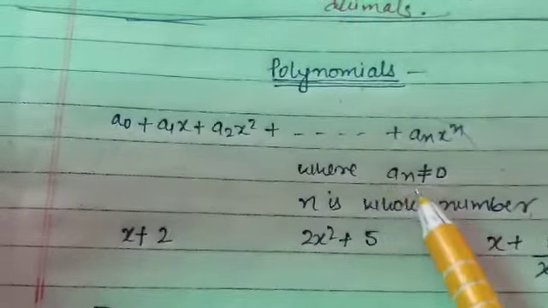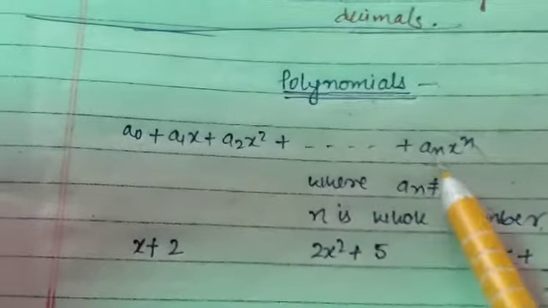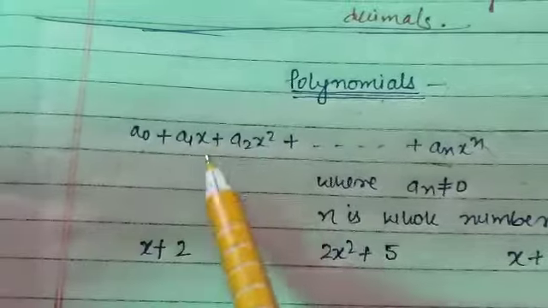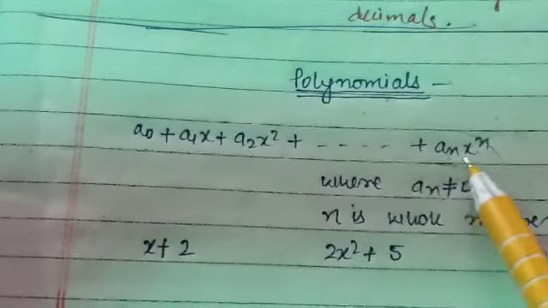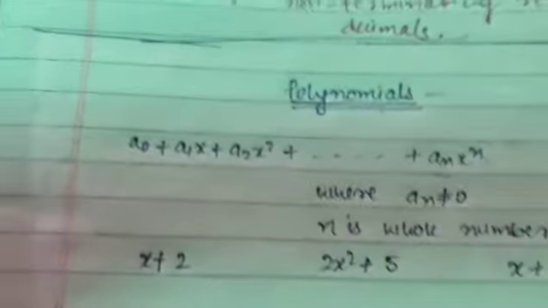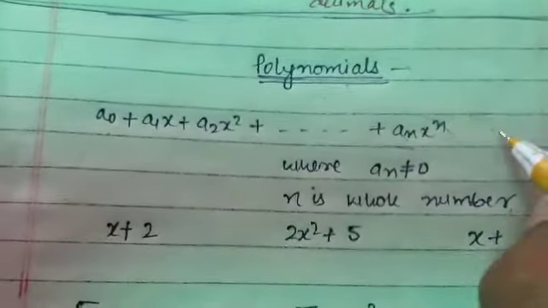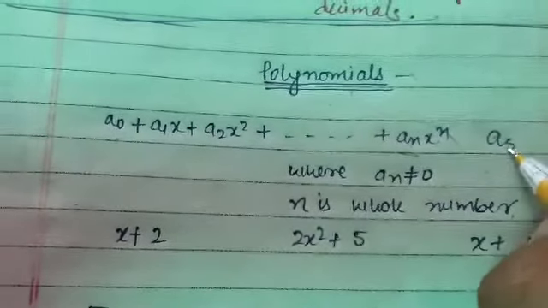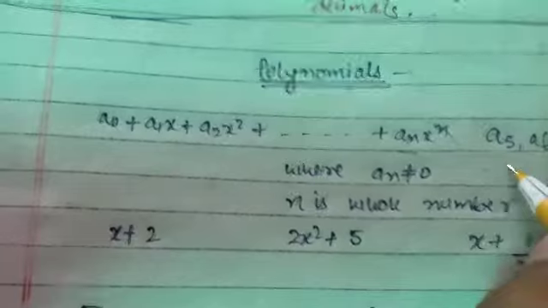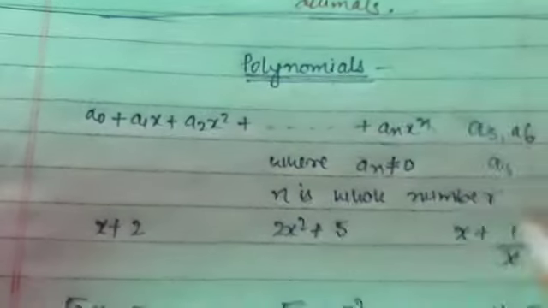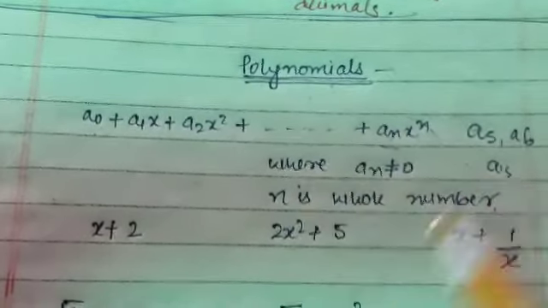And the most important thing here is that a0, a1, a2 and all the an, like a5, a6, all the a's are nothing but only constants.